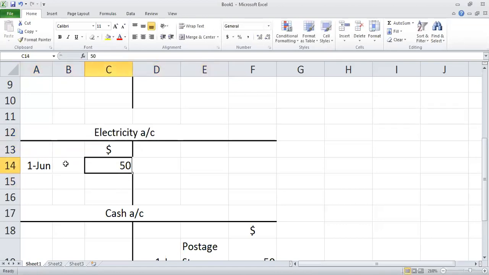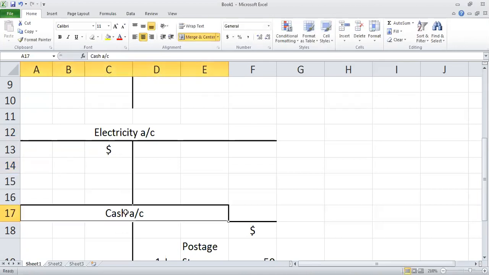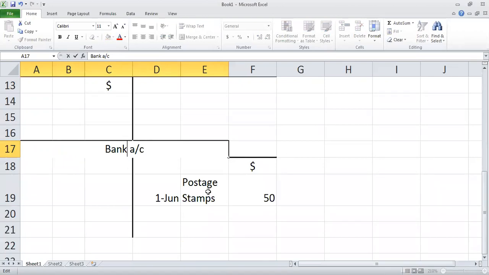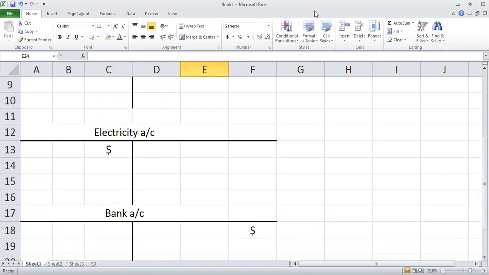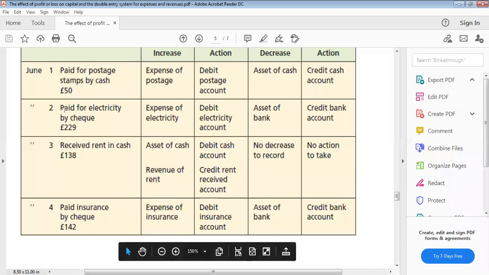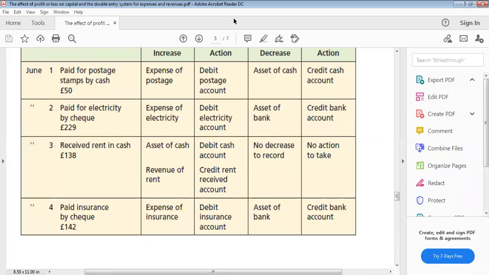Also, you have a bank account as well. And remember, it said June 2, right? Go back to the original question. It said June 2, paid for electricity by check, 229.